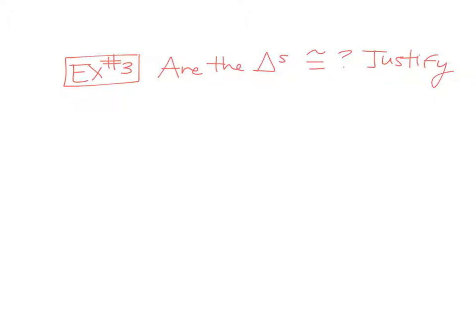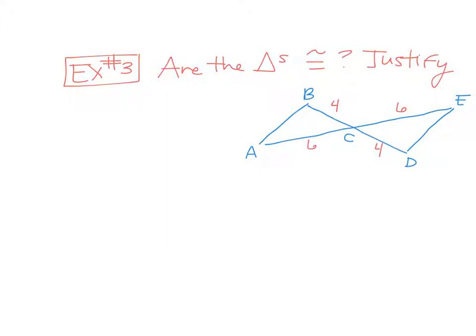Let's say this is our picture. Uh-oh, I ran out of room. So this is A, B, C, D, and E. And I give you BC is 4, CD is 4, CE is 6, AC is 6.